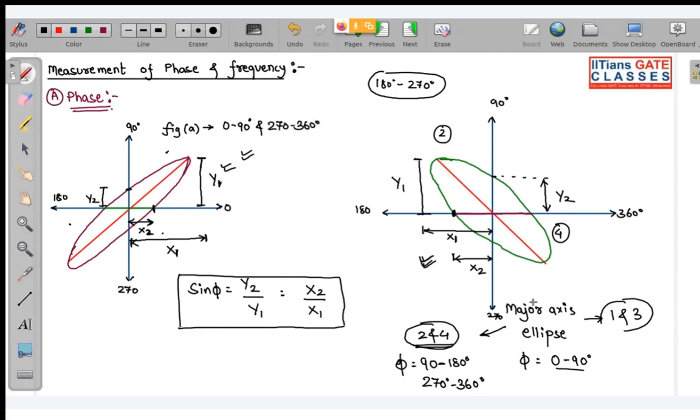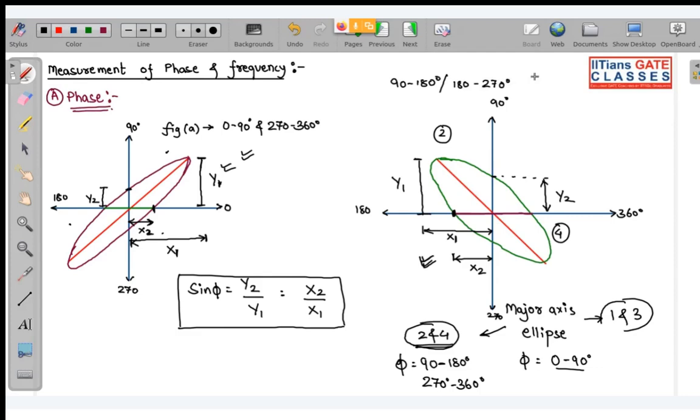And if it lies in the second and fourth quadrant, then it will be either 90 to 180, or 180 to 270. Now is it correct?